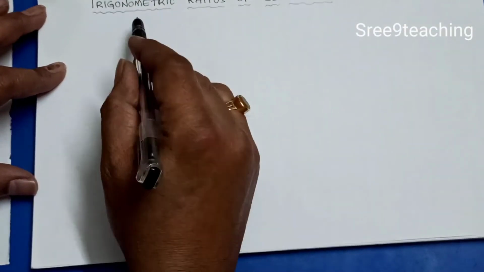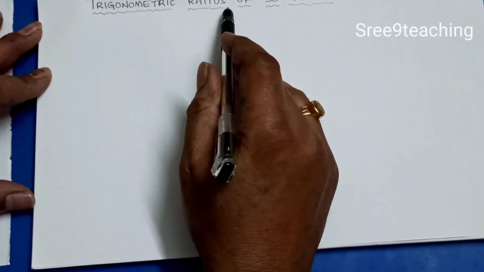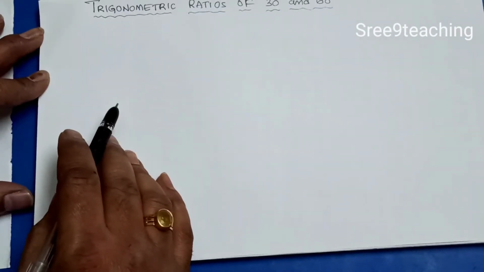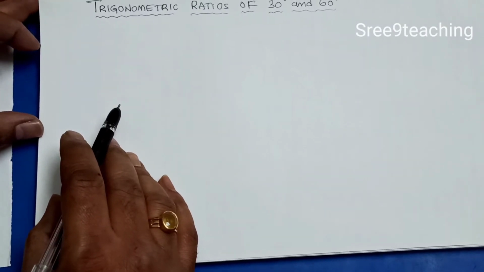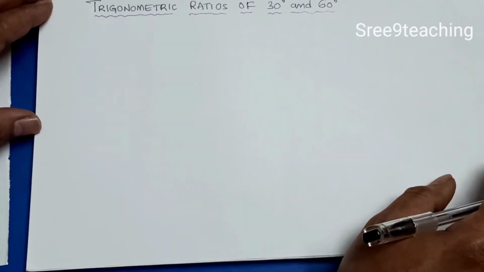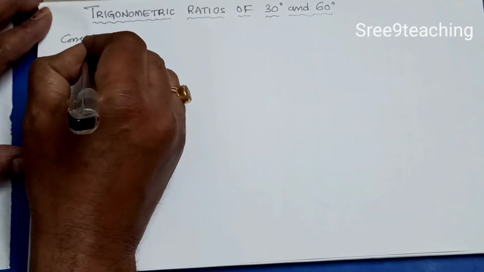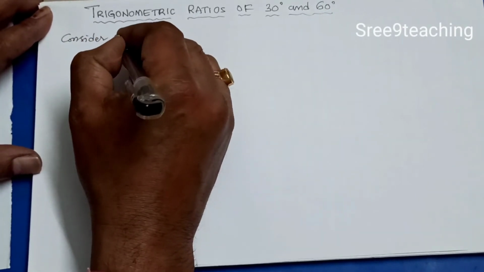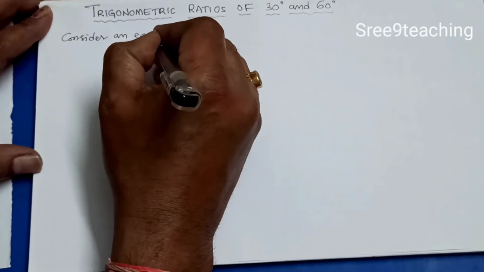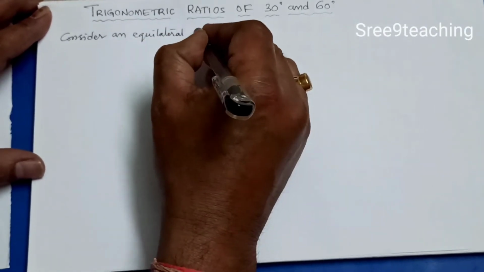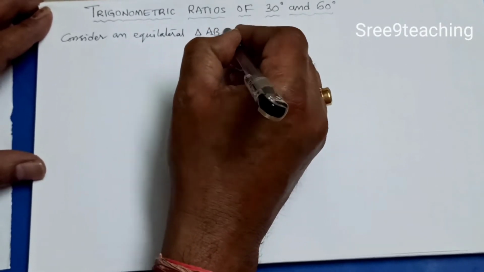Now students, we are going to find the trigonometric ratios of 30 degrees and 60 degrees. For this, consider an equilateral triangle ABC as follows.